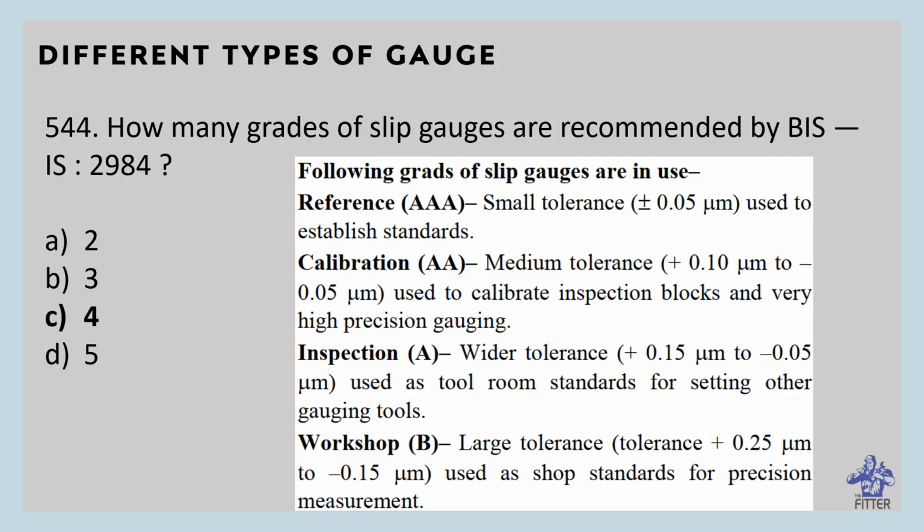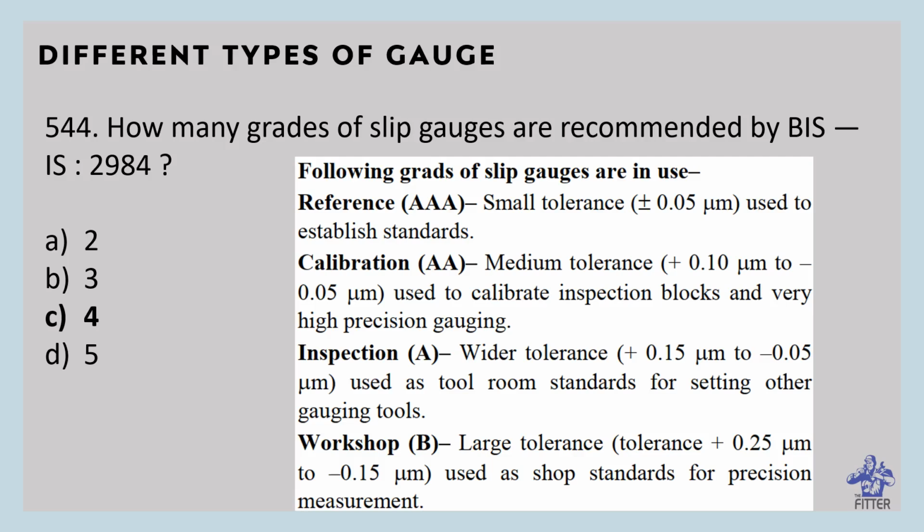The first one is reference, AAA, small tolerance, that is plus or minus 0.05 mm, used to establish standards. The second one is calibration, AA, medium tolerance, used to calibrate inspection blocks and very high precision gauges.